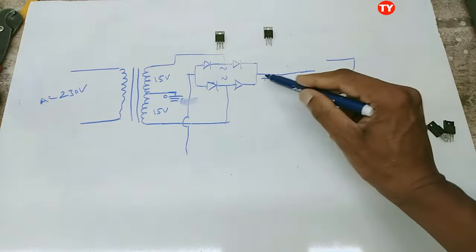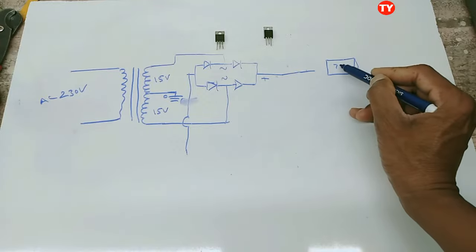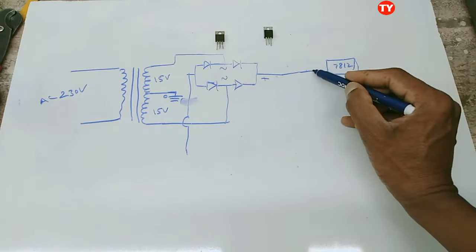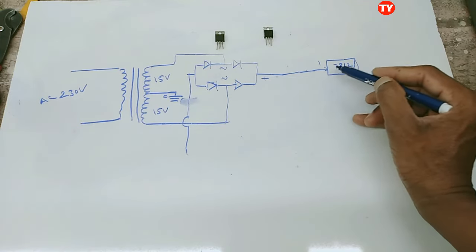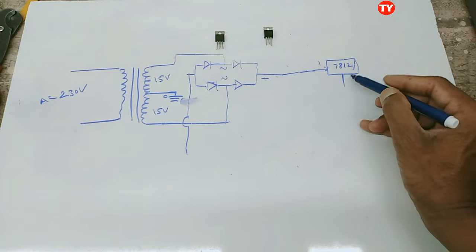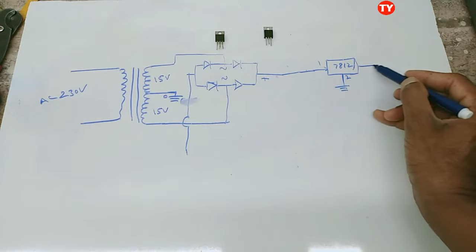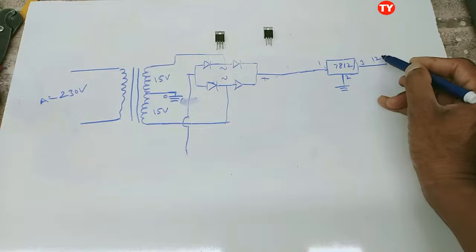Here positive regulation IC 7812 used. This pin number 1 goes to input, and this one second pin grounded, and this one third pin output 12 voltage.